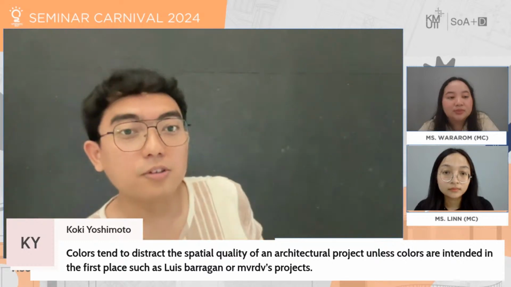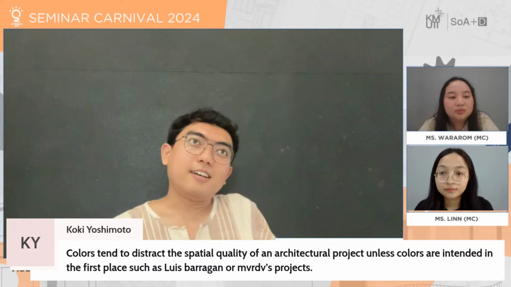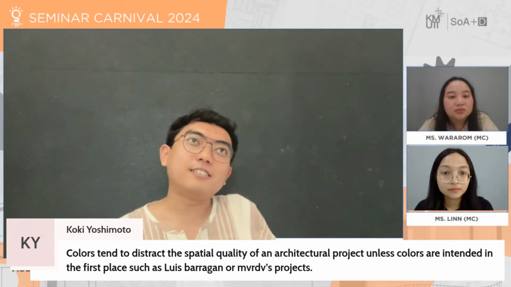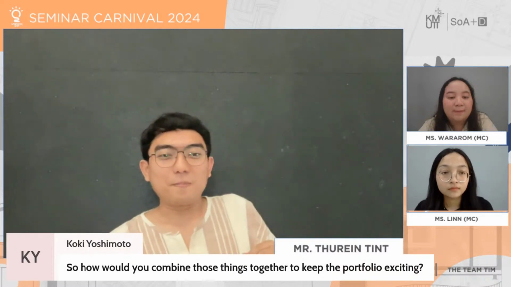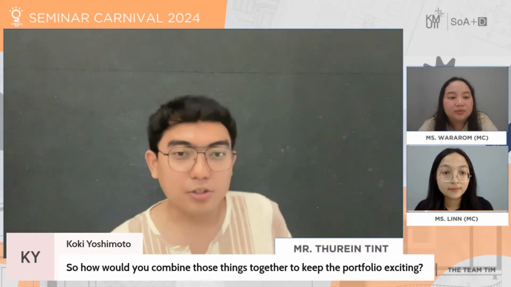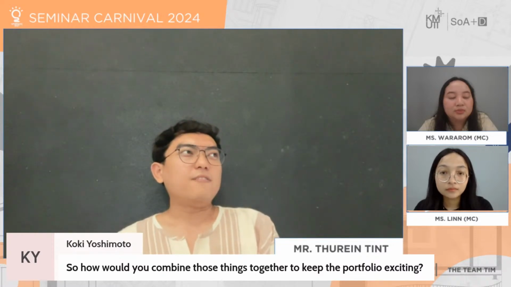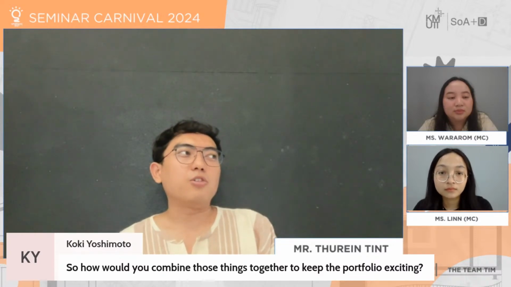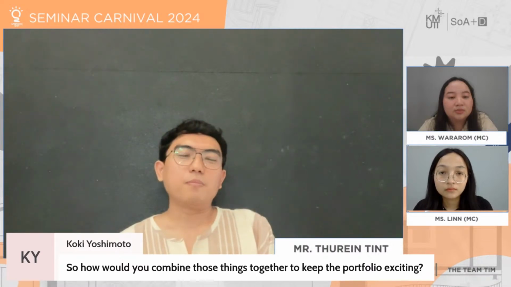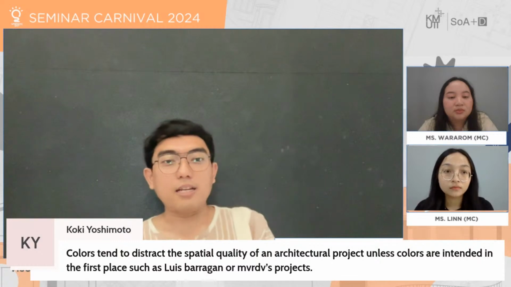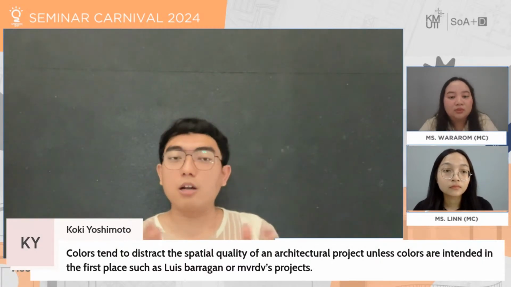Right. It's the argument that I have to face a lot whenever I talk to architects. How would you combine these things together to keep the portfolio exciting? So yes, if you're not smart with how you're using the colors, they can be distracting. Usually, when I design something, I come up with a color palette.